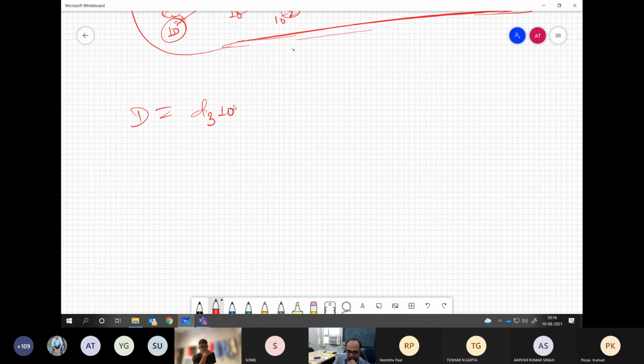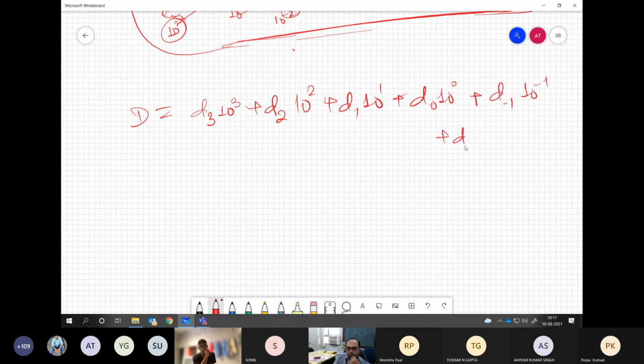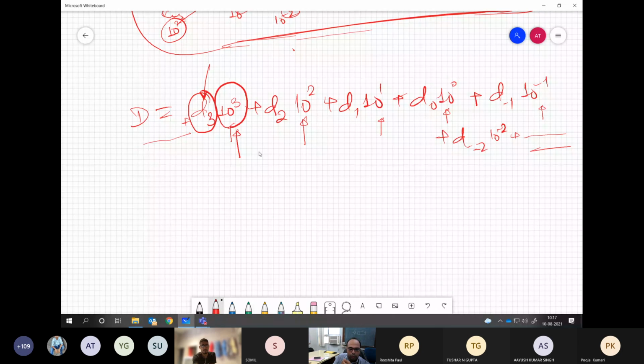Let's say, and so on. It can go on this side and this side, isn't it? So here what we are trying to do, we are trying to break the number in terms of what is the digit that is at that position and what is its weightage. In these two parts we have divided this, isn't it?